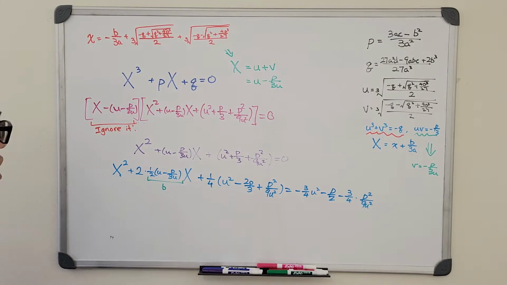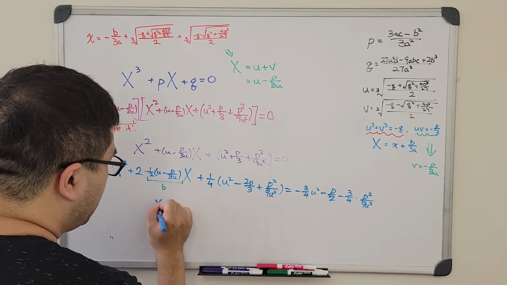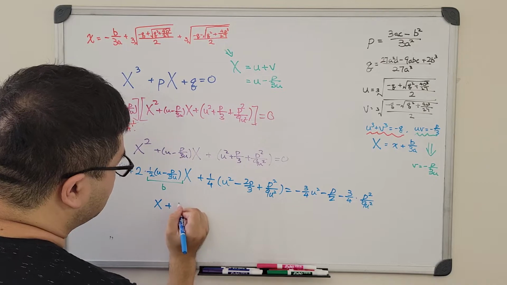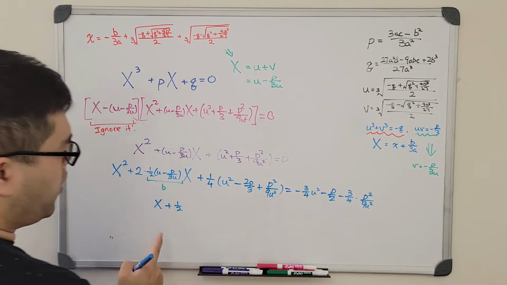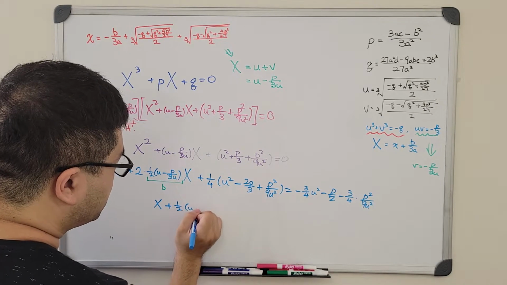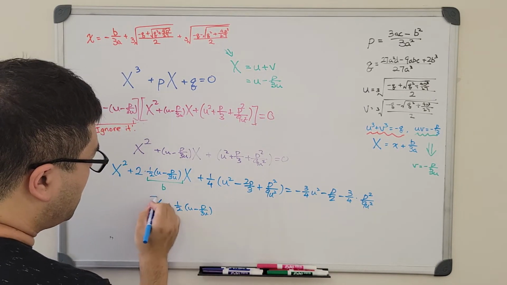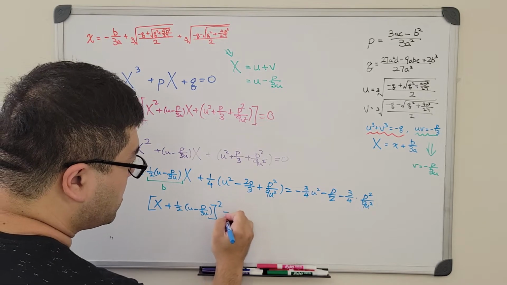Good. Meaning now the left hand side is a complete square. We can just write it as x plus 1/2 times u minus p over 3u quantity squared.